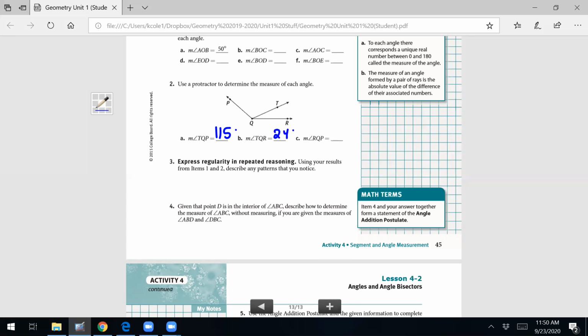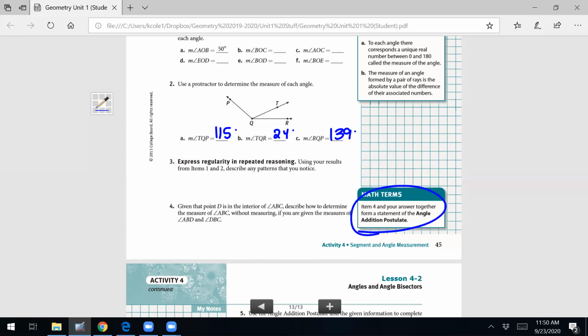So you tell me, what is RQP? And how did you get 139? That's exactly right. And that's what we are doing today. We are going to be learning the angle addition postulate.